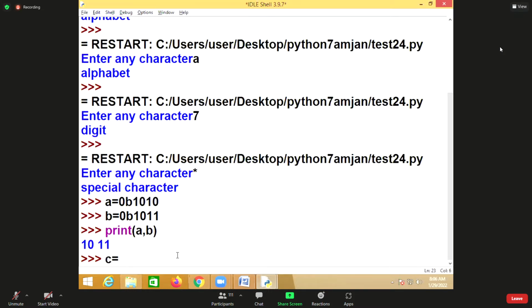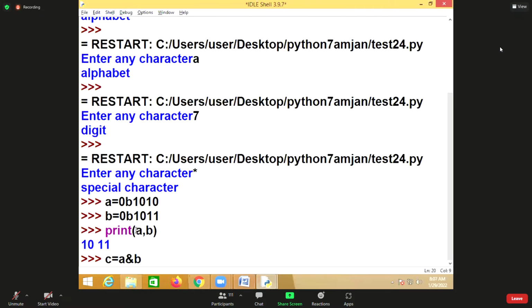Now I am writing C equal to A and B. Here you are using the AND operation, but which AND operation? Bitwise. This is the bitwise AND operation. Now 0 and 1 is 0, 1 and 1 is 1, 0 and 0 is 0, 1 and 1 is 1.